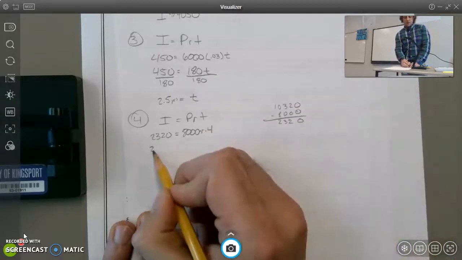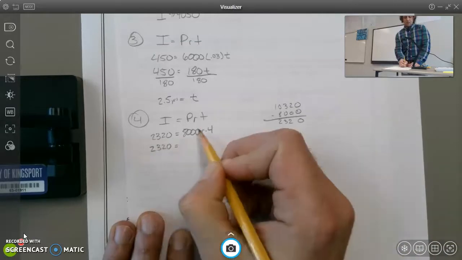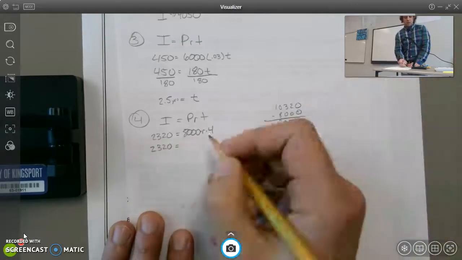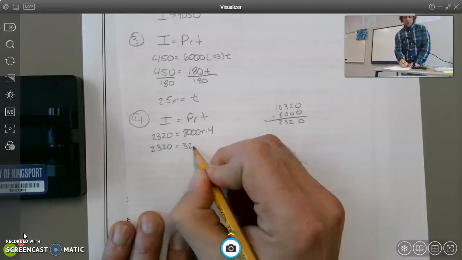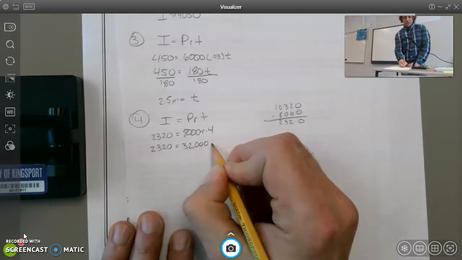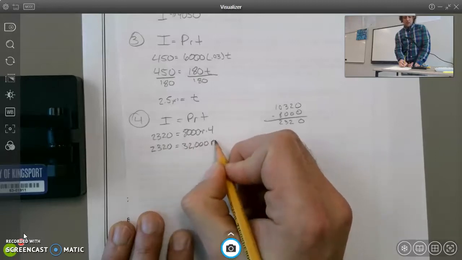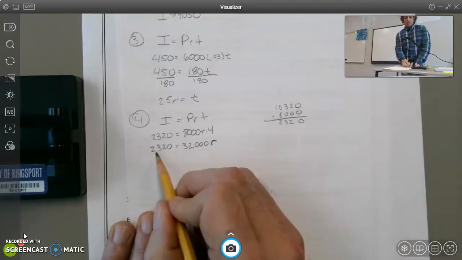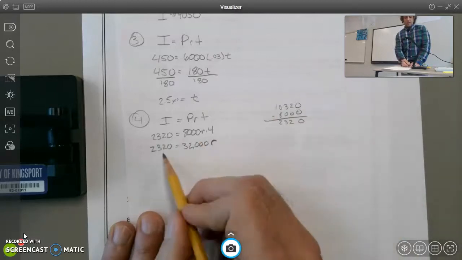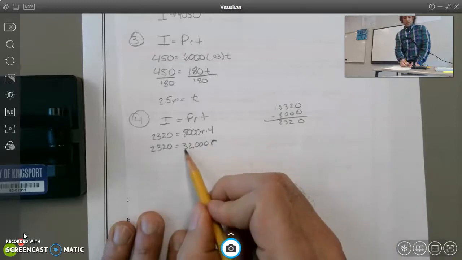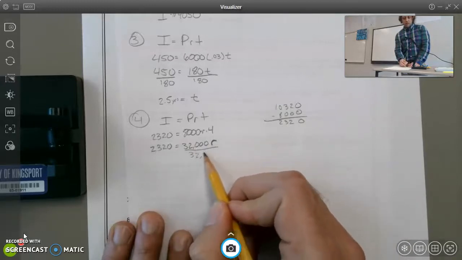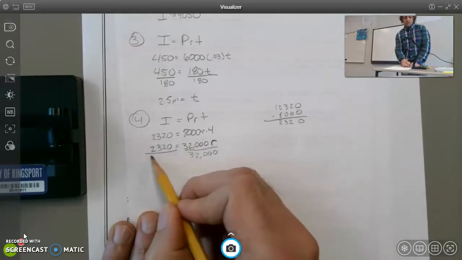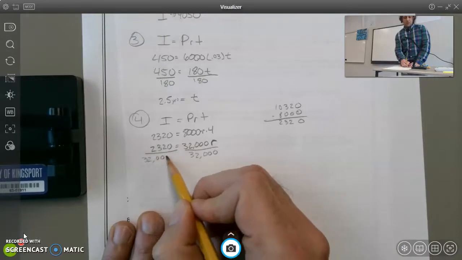So I can go ahead and use the commutative property of multiplication, multiply in any order. That's going to be 32,000 times some rate R is equal to 2,320. Divide by the coefficient, so dividing by 32,000. Divide by 32,000.